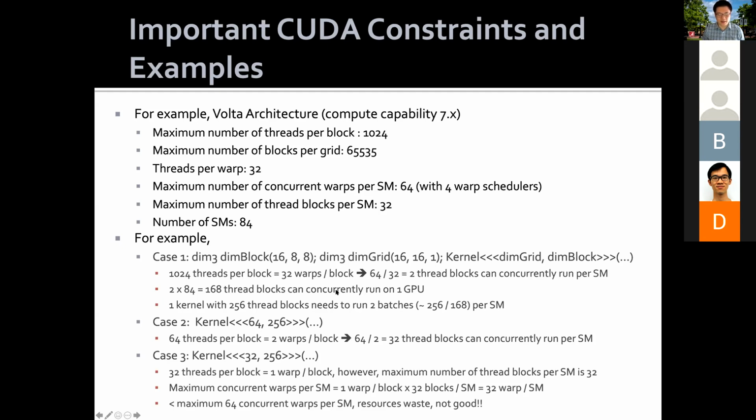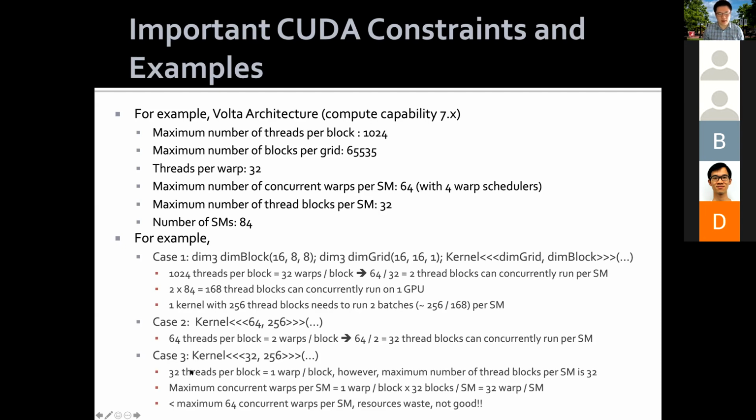I don't know, but I just assume that every block runs for the same time, and each time 84 streaming multiprocessors can only run 168 thread blocks. So at least I need to have 2 batches. Okay, that's the idea. And similarly, you can calculate the different cases, right?